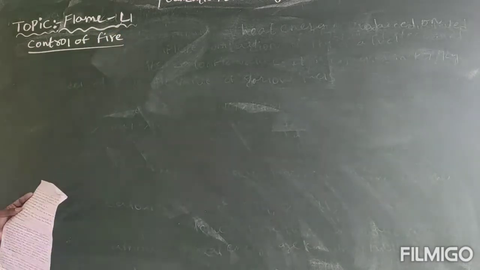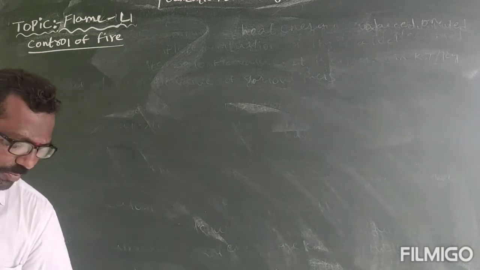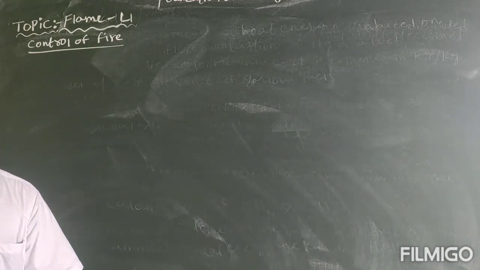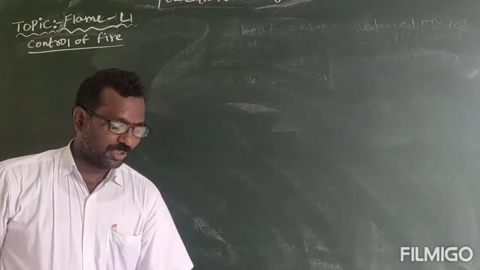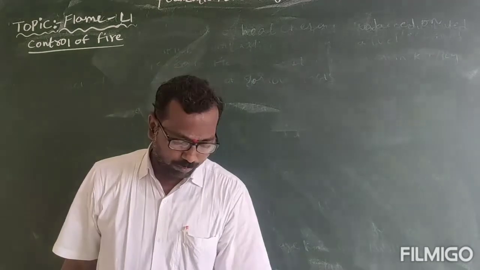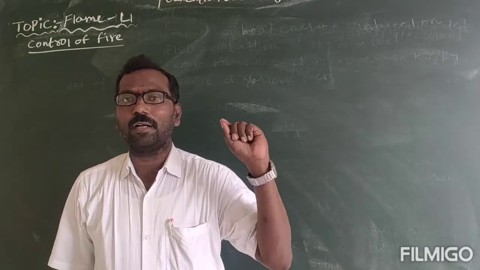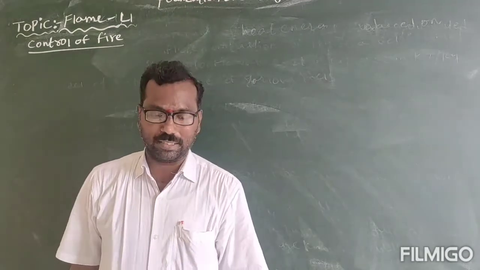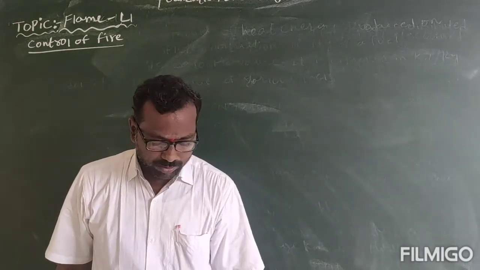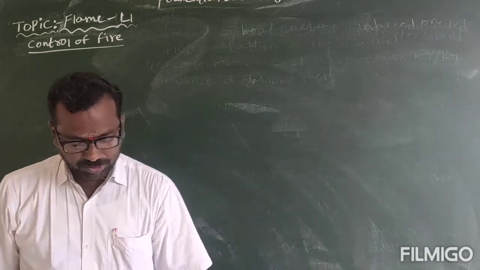How can you control in case of a fire accident? By eliminating any of the three requirements: first remove the combustible material, or cut down the supply of oxygen, or lower the temperature of the fuel below its ignition temperature.